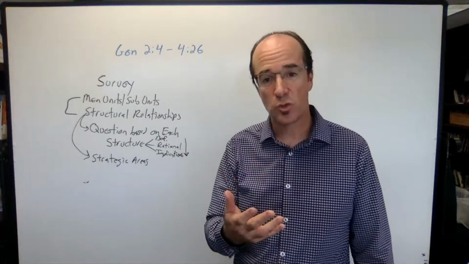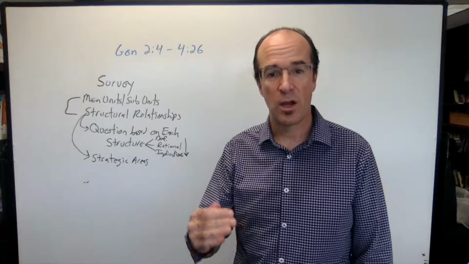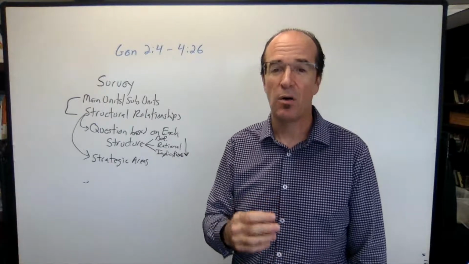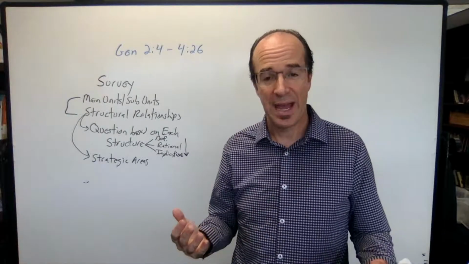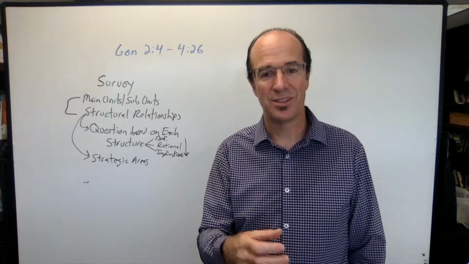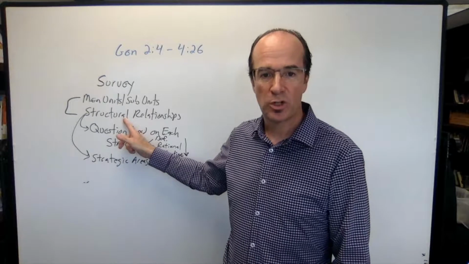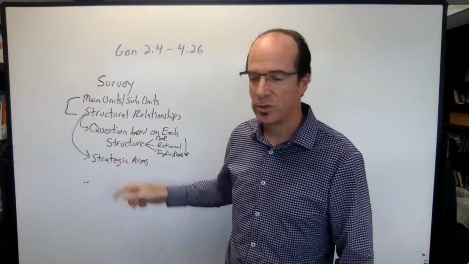So if you have 5 structures, you need a strategic area that would take care of each one of those 5. If you find a strategic area that can encompass 2 or 3 of the structures, that's ideal, because that gives you focus where the structures are overlapping. But again, structural relationships lead to questions, lead to strategic areas.